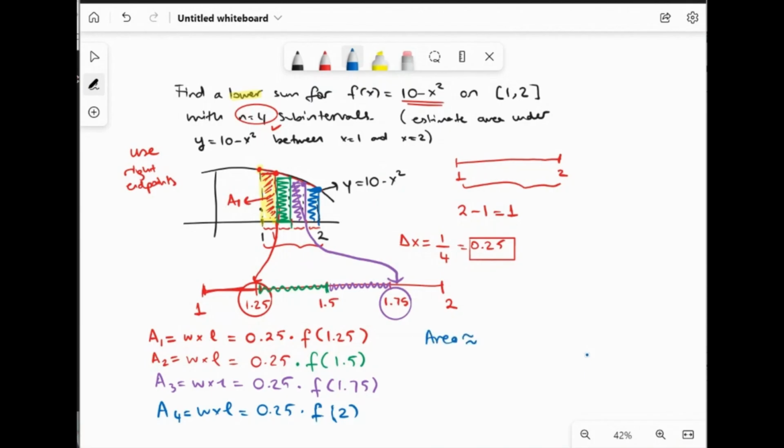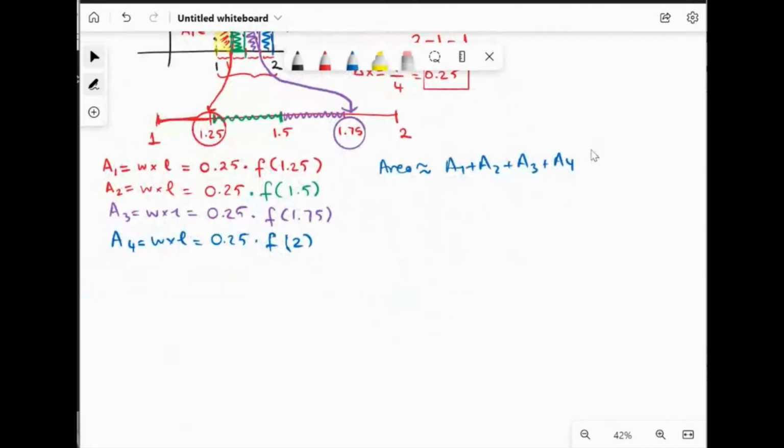The area will approximately be the sum of these. Let me just copy these expressions. In fact, realize that we have 0.25 common: 0.25 times f of 1.25 plus 0.25 times f of 1.5 plus 0.25 times f of 1.75 plus 0.25 times f of 2.